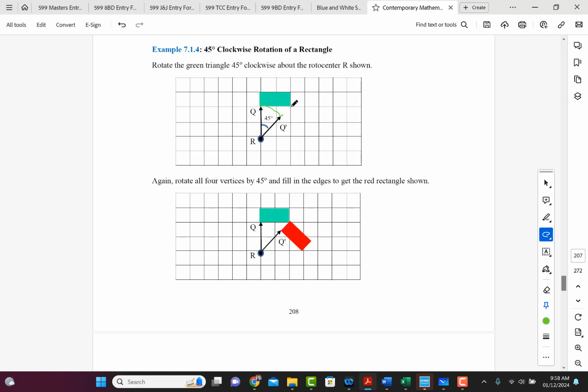And then this point moves 45 degrees to about here, and here, and so on. So it's a 45-degree rotation.